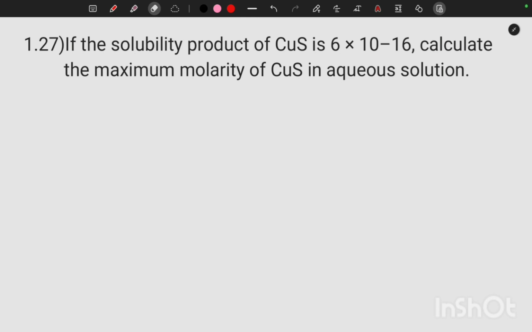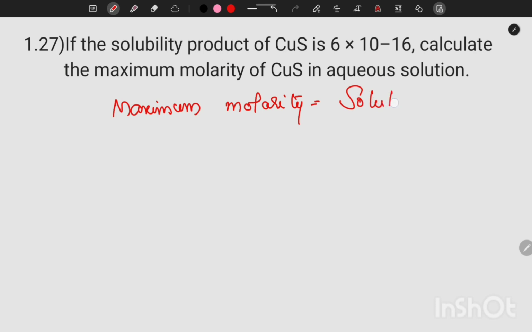If the solubility product of copper sulfide is 6 into 10 raised to minus 16, calculate the maximum molarity of copper sulfide in aqueous solution. Maximum molarity means we have to find out the solubility. Solubility product is the product of concentration of ions in a saturated solution.